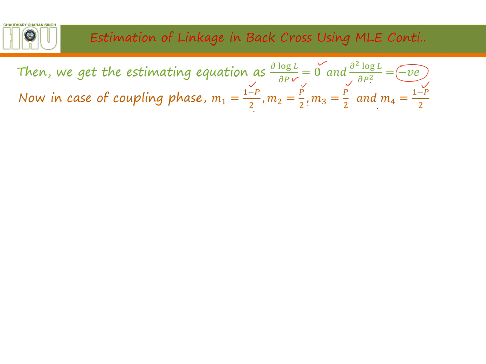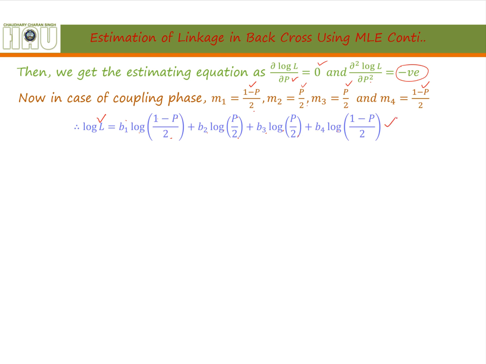I substitute these values in place of M1, M2, M3 and M4 in the log likelihood function. So I will get log L equal to B1 log (1 minus P)/2 plus B2 log P/2 plus B3 log P/2 plus B4 log (1 minus P)/2. Is it clear? Now differentiate it with respect to P.